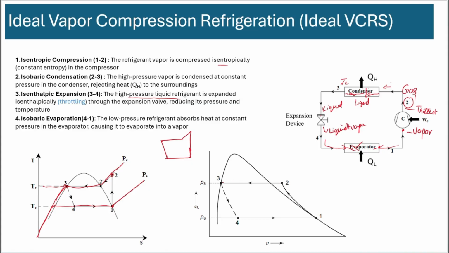So 2 to 3 is constant pressure, 3 to 4 is the expansion in isenthalpic process, 4 to 1 is again evaporation at constant pressure. So there are two isobaric processes, one isentropic and one isenthalpic.